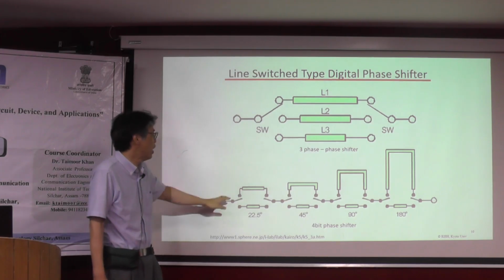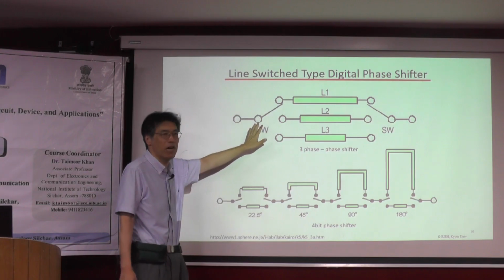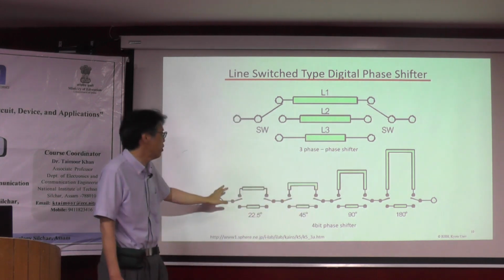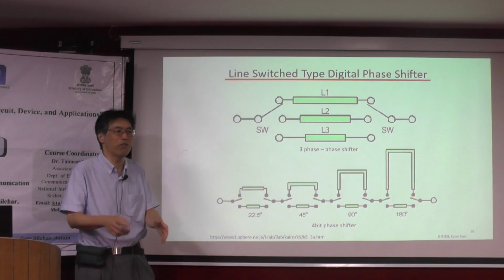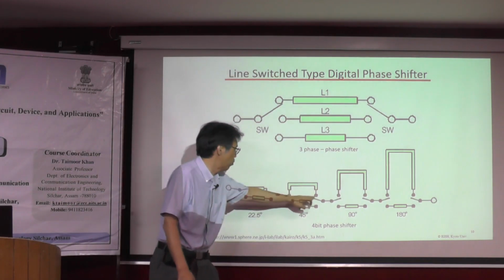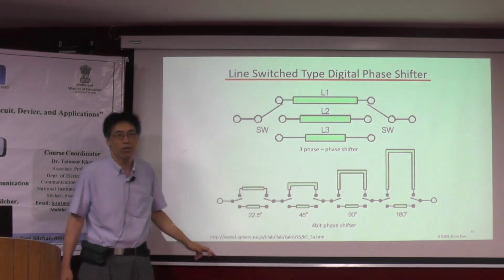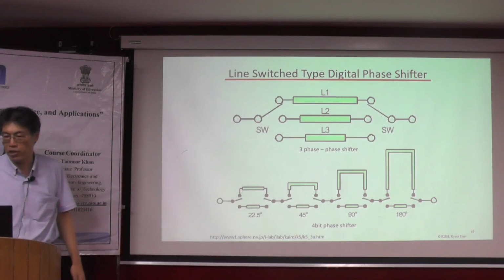If we use one switch, the loss factor is only 2 points. But if we develop this phase shifter to control the phase from 0 to 360 degrees, there are 1, 2, 3, 4, 5, 6, 7, 8 loss factors. So this is a very lossy circuit, unfortunately.